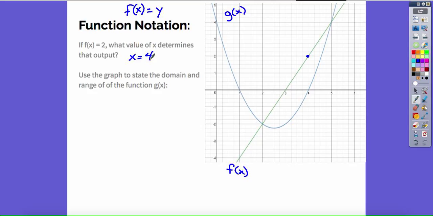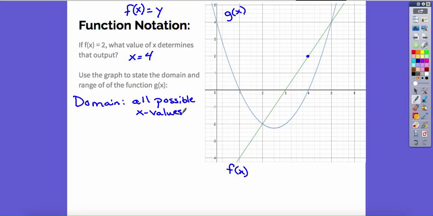Next question, it says use the graph to state the domain and range of the function. Okay, so domain, first of all, has to do with all possible x values. So that's what it is, and we need the intervals for what that will happen.